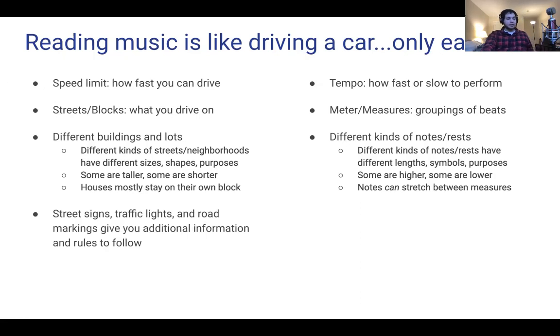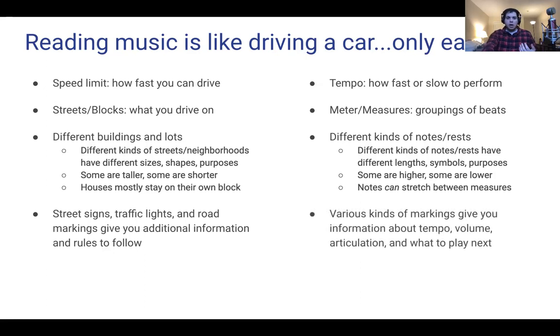When you're driving, there are street signs, traffic lights, road markings, whatever, that give you additional information and rules to follow. When you're playing music, there are various kinds of markings and symbols that give you information about the tempo, how fast or slow to play, the volume, how loud or quiet, the articulation, is it separate or is it smooth and connected?